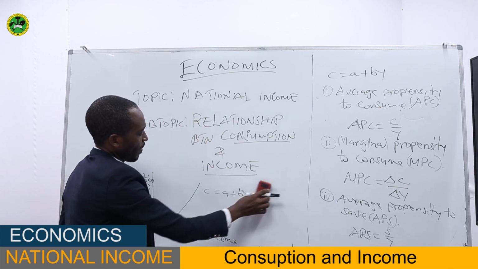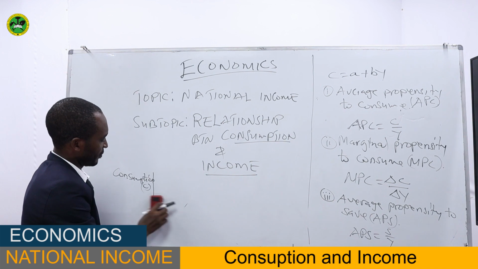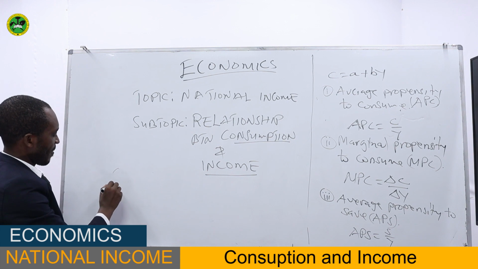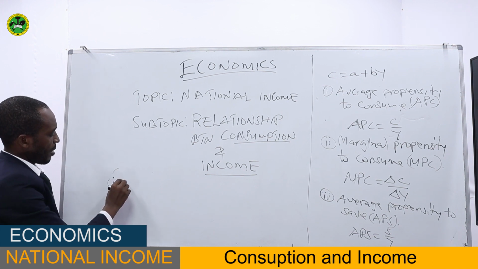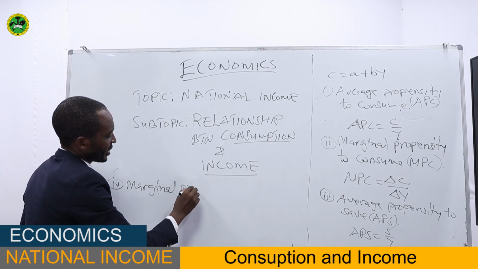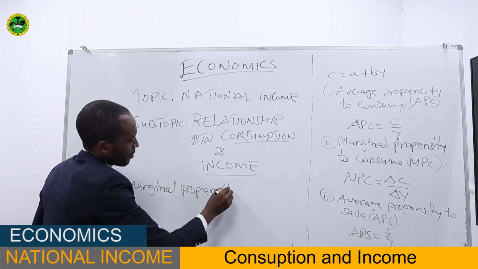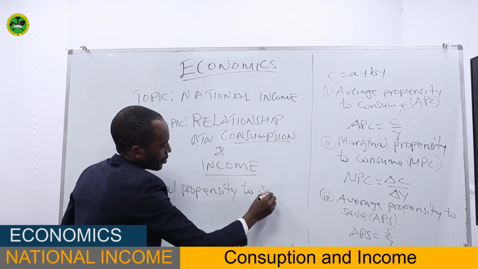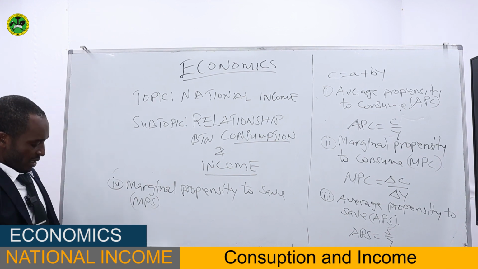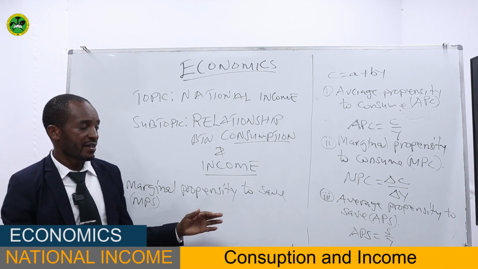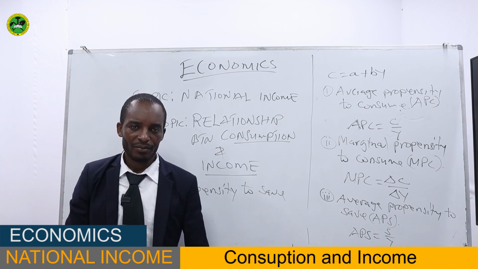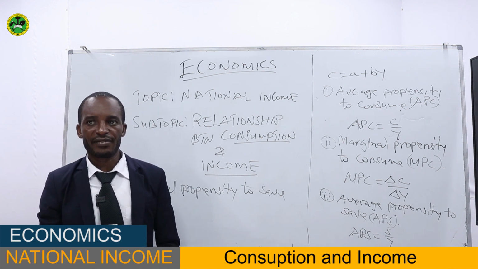And the fourth concept is the marginal propensity to save, MPS. Marginal propensity to save is the additional income used for saving.